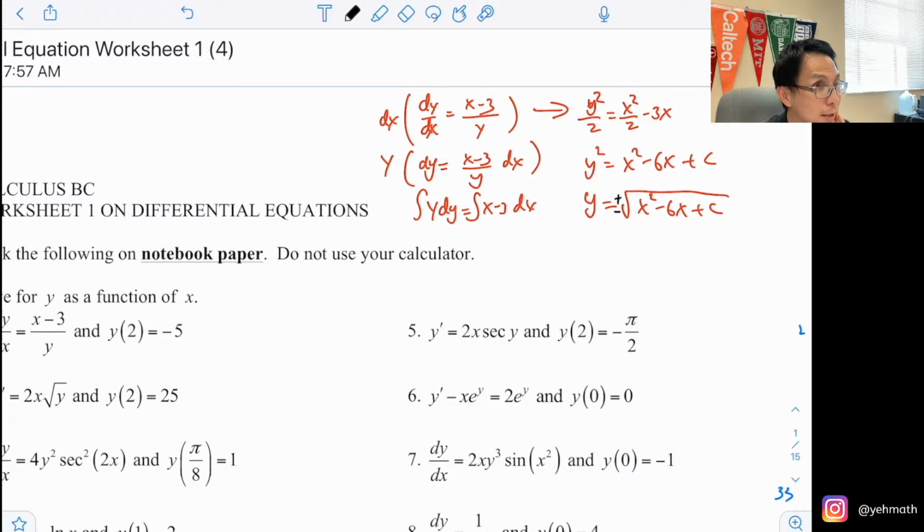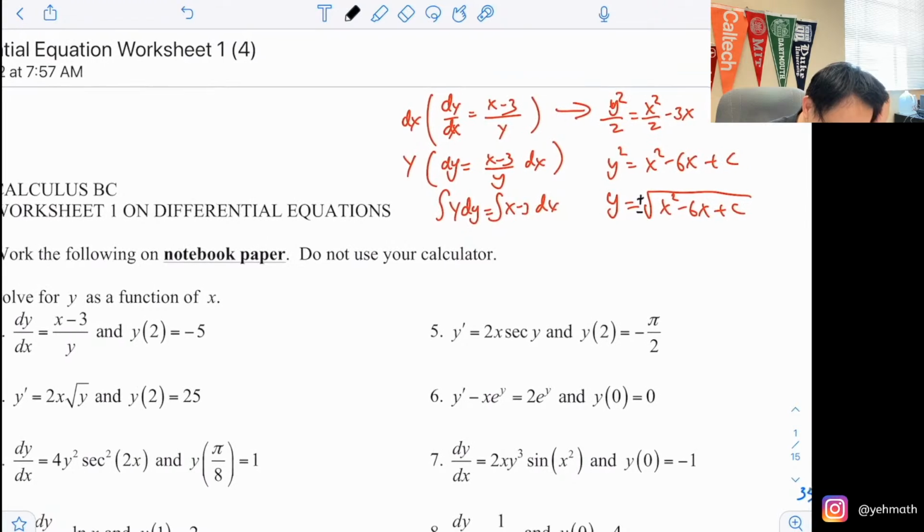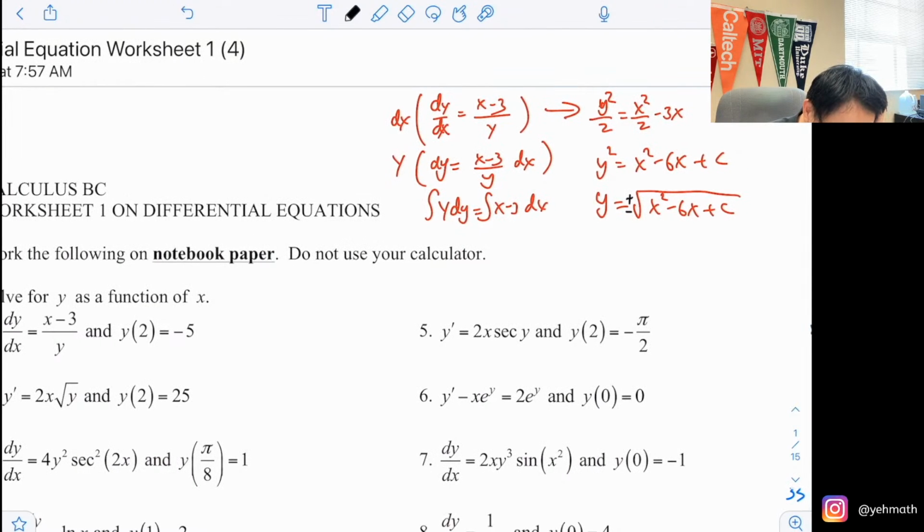Okay, so plus or minus is going to be on your SAT on Wednesday. So make sure you recognize when you square root both sides. If you don't square root both sides, you don't have plus or minus. Only when you take the square root of both sides, or even roots on both sides. Now, why does that matter? Because it matters for this question, because you have a -5.